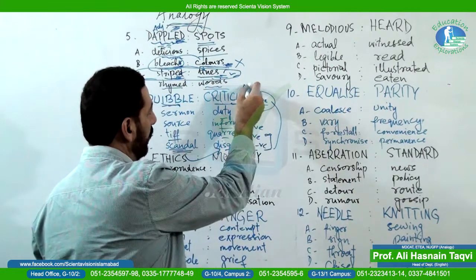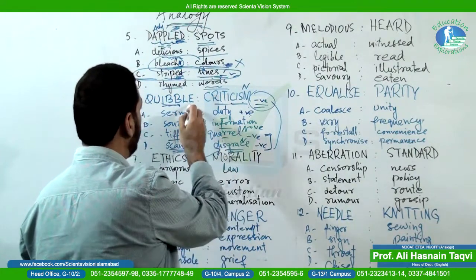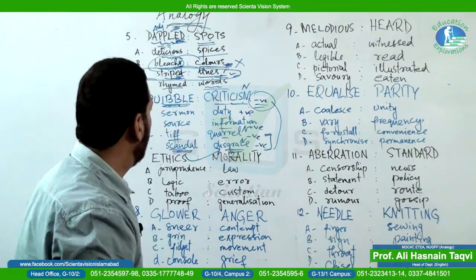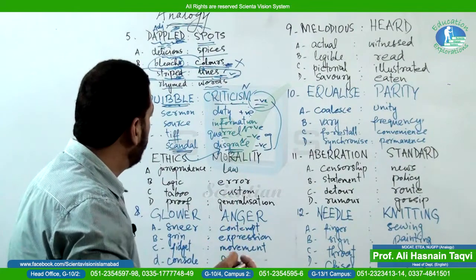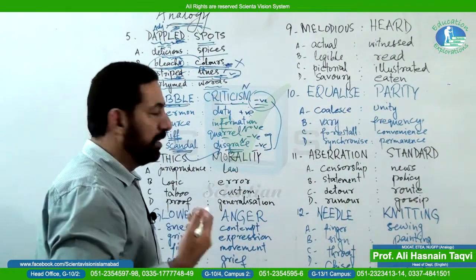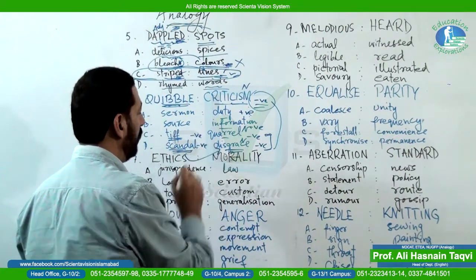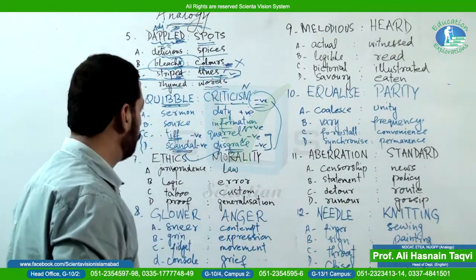Criticism is a noun again. This disgrace is a noun. Quarrel is a noun. Parts of speech wise it's okay. This we are supposing we don't know. Scandal is negative. Negative. This tiff, we don't know apparently the meaning of this word. So we have a problem here. Like we don't know exactly which choice to go for out of these two.